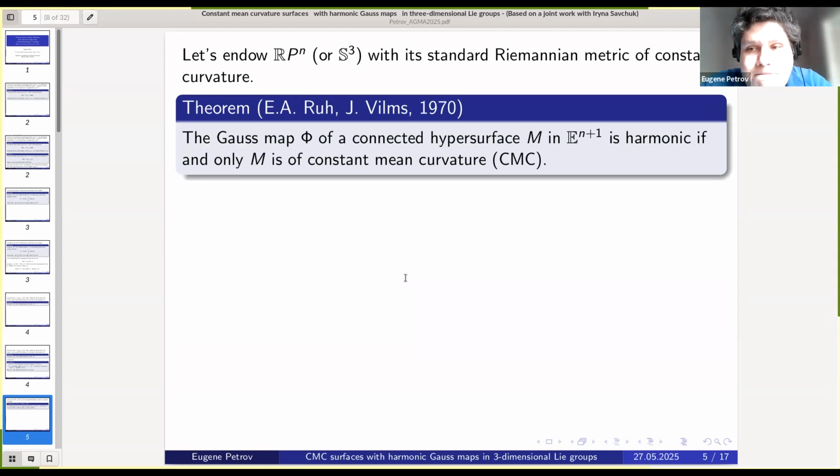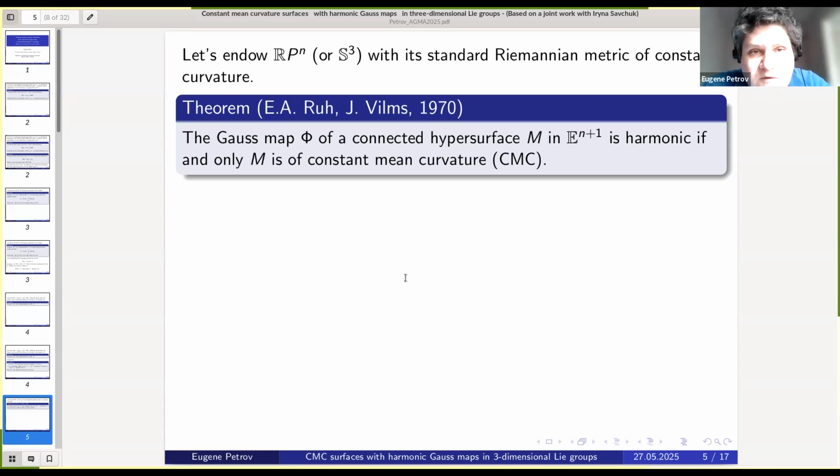And the usability of the Gauss map for studying the differential geometry and mean curvature of hypersurfaces in Euclidean space is connected in part with the following fact, the theorem of Ruh-Vilms: the Gauss map of a connected hypersurface is harmonic if and only if the hypersurface is of constant mean curvature.